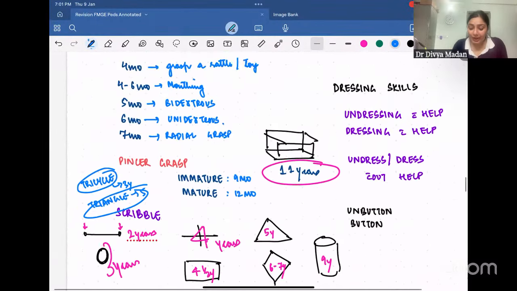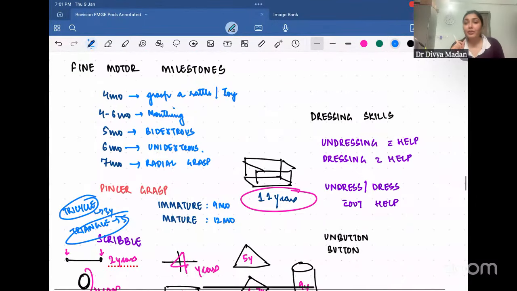Now, using our distal muscles, using our fingers, we do a very important thing for our day-to-day life also. That is the dressing skills, right? Daily we dress and undress ourselves. What is easier, dressing up or undressing? It is the undressing that is easier and more pleasurable also, right? So firstly, the child will learn to undress himself or herself.